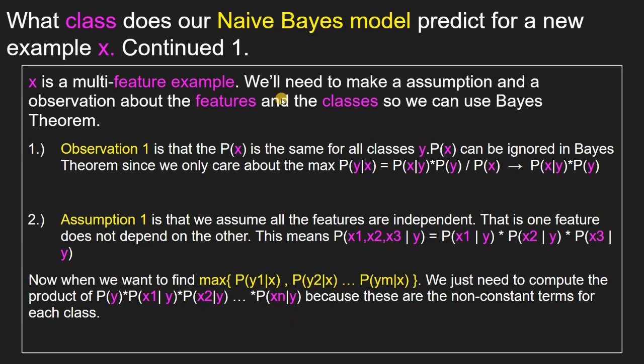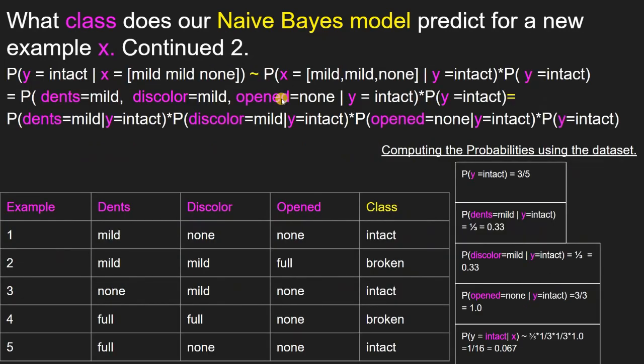Let's move on. So what class does our naive Bayes model predict for a new example x, continued 2? Say we want to compute the probability of the class y equaling intact given our example x, which is mild dense, mild discoloring, and no openings.